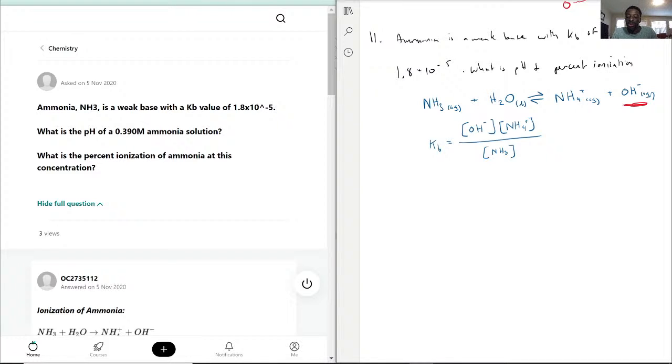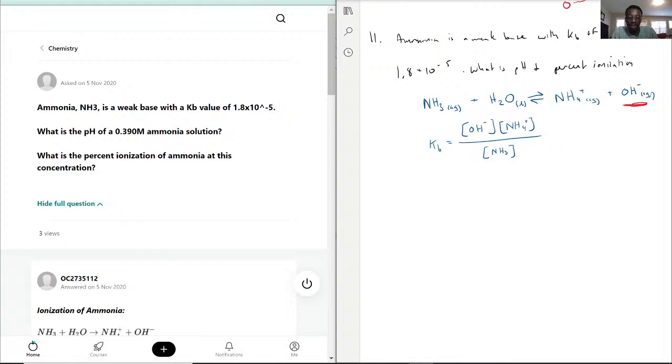In order to solve this, we can actually solve for the percent ionization first, because the percent ionization is used to find the Kb.